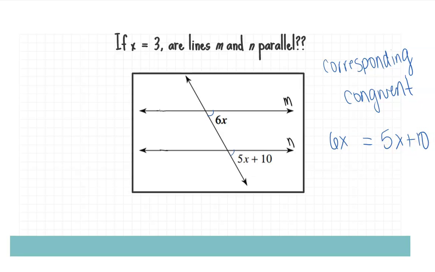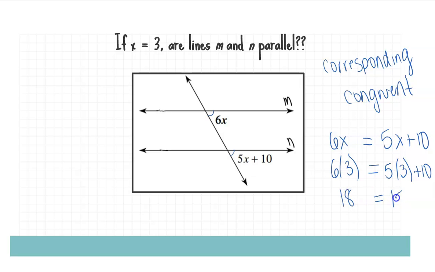So we're going to go ahead and substitute 3 for x, and we're going to see if our final answers are equivalent to each other. So we'll have 6 times 3 equals 5 times 3 plus 10.